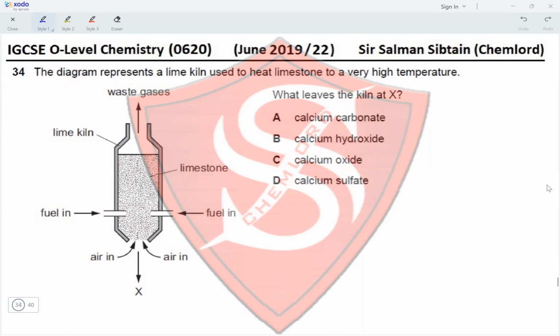So this produces the high temperature. So at the high temperatures used, limestone, which is calcium carbonate, will undergo decomposition to release carbon dioxide and water as waste gases and produce calcium oxide as the only product containing calcium. Therefore, option C is the correct option for this question.